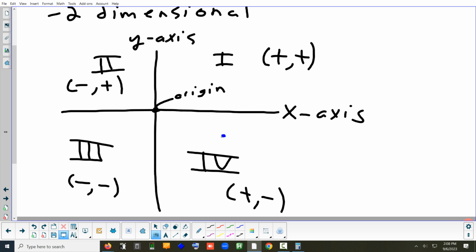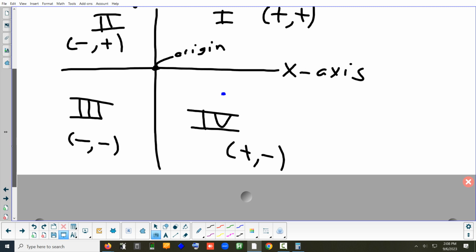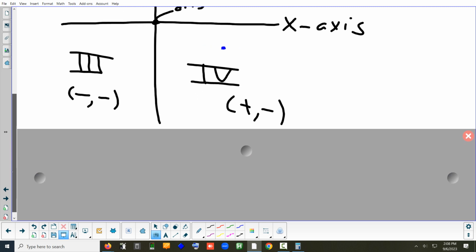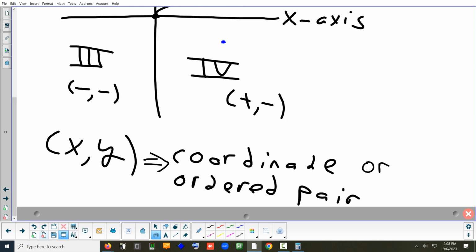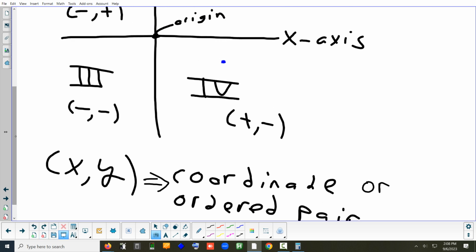And specifically for two-dimensional, we call it an ordered pair. If you were doing 3D, it's called an ordered triple. Still a coordinate, but it's 3 of them. When you write a coordinate, your x always comes before the y. X is horizontal movement. Y is the vertical.